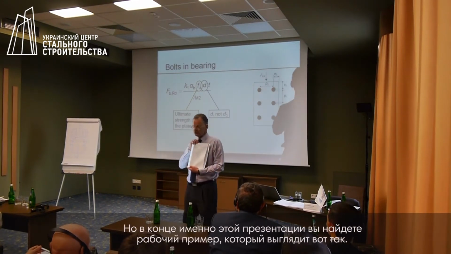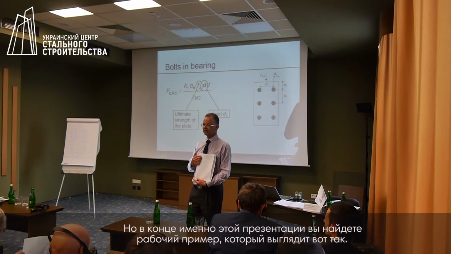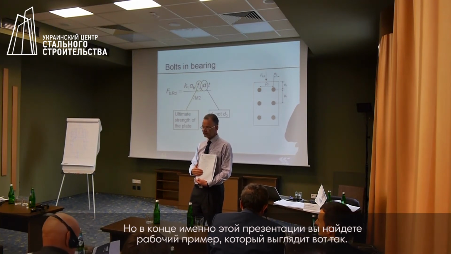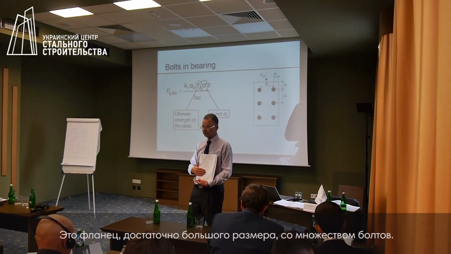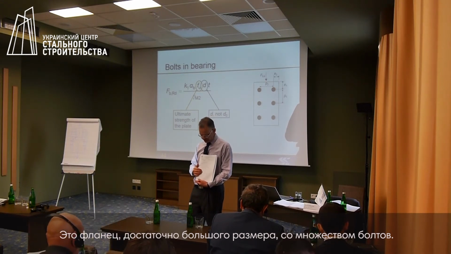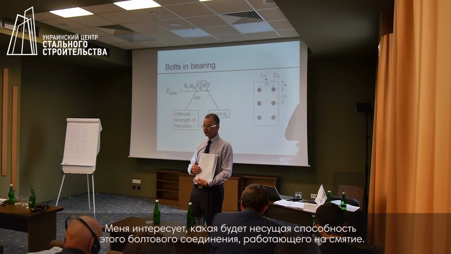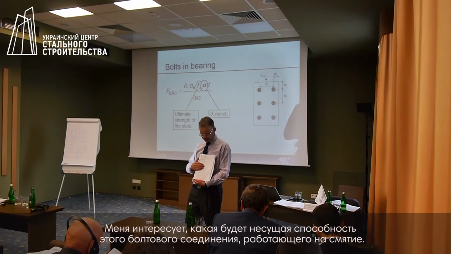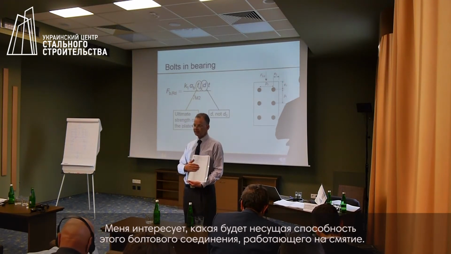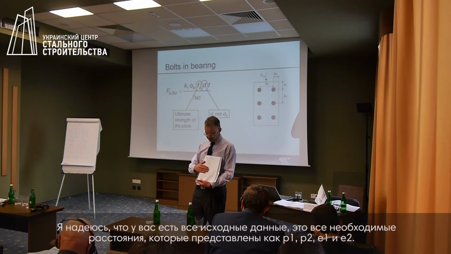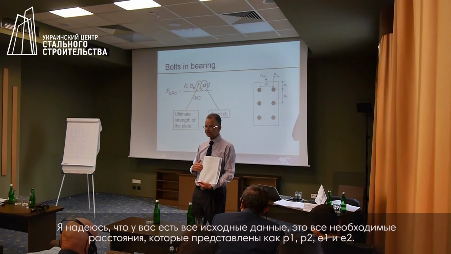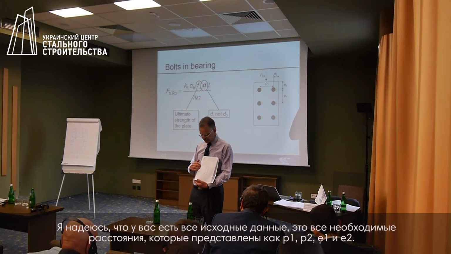But at the end of that presentation, you should find a worked example that looks rather like this. It's an end plate. It's quite a deep end plate. It's got plenty of bolt rows in it. I would like to know the resistance of the bolts in bearing in this end plate. So I believe it gives you all the data. It tells you about the dimensions.